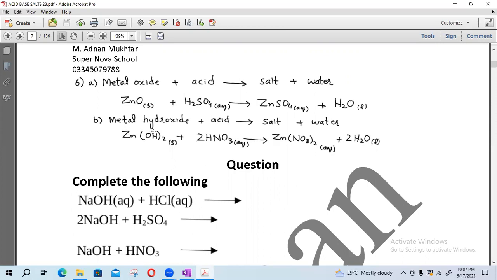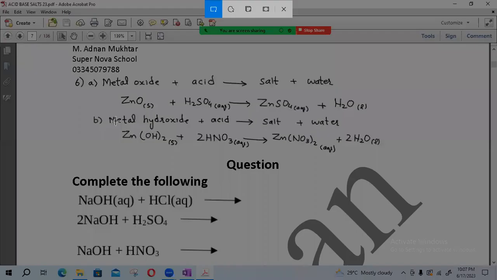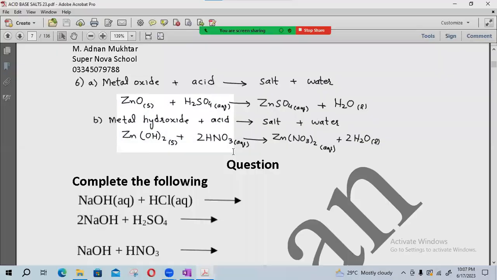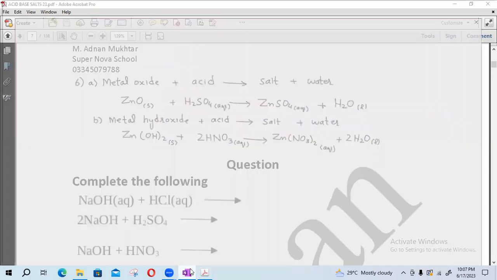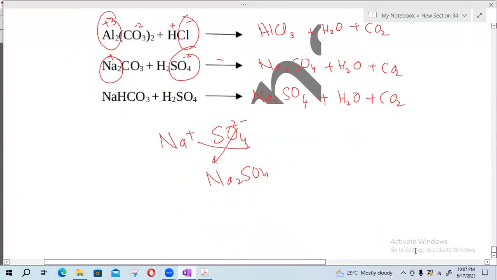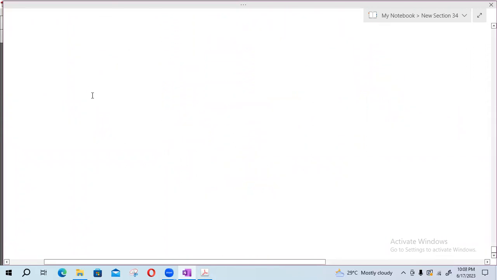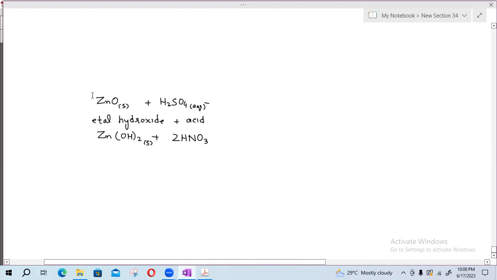Just for the sake of completion and to predict the product, just for our convenience, we are doing this practice, that we form ions, although it is a solid and will not dissolve.